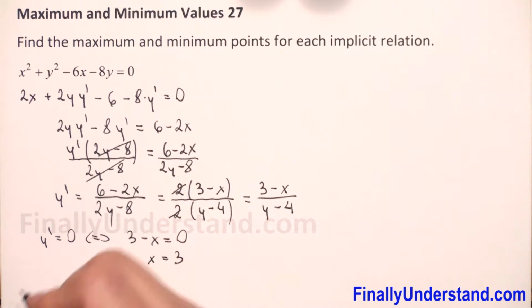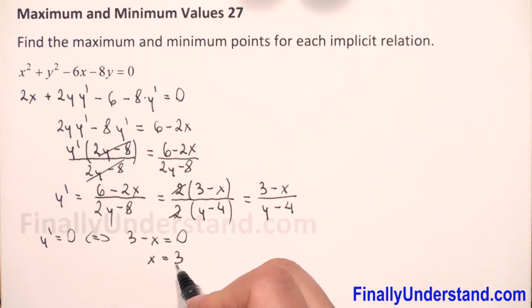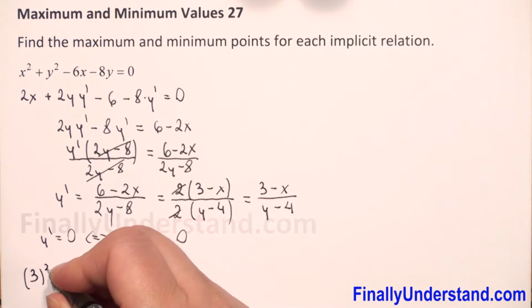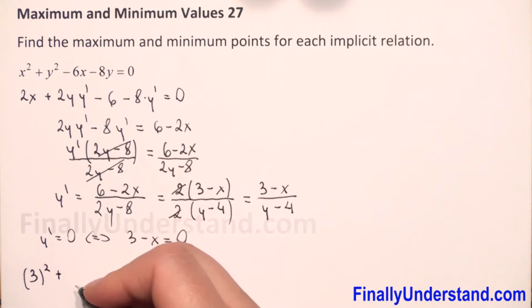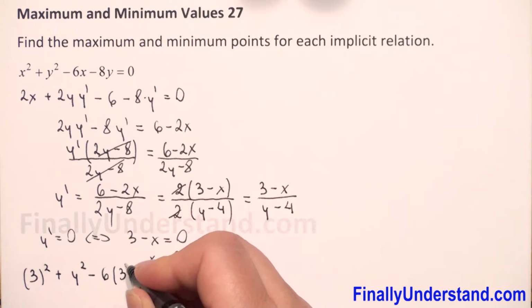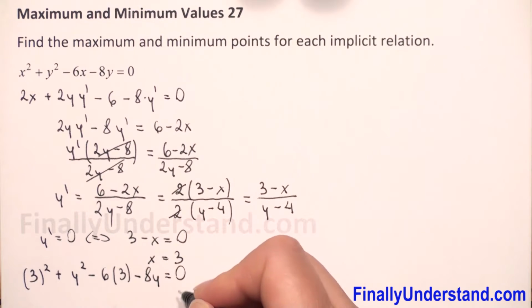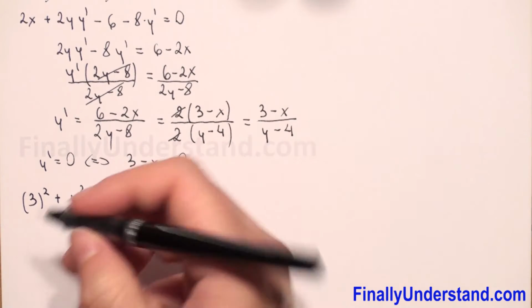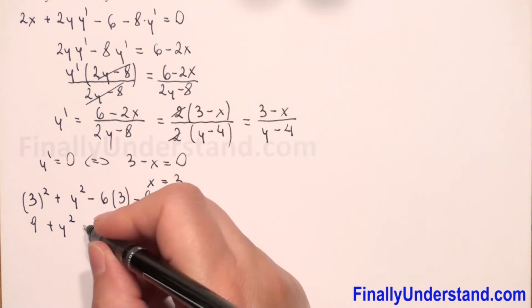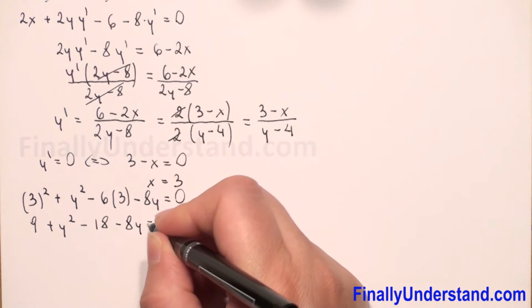So x to the second power, where x we replace by 3, so it will be 3 to the second power plus y squared minus 6 times 3 minus 8y equals 0. So we have 9 plus y squared minus 18 minus 8y equals 0.